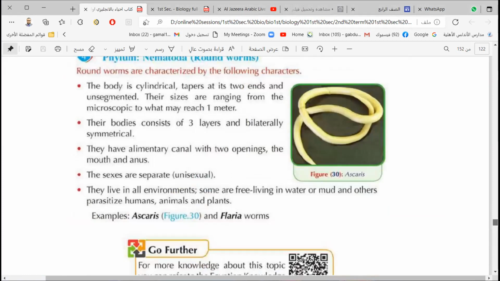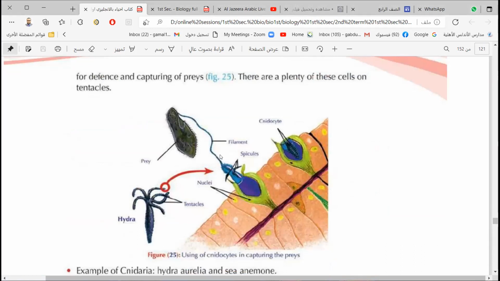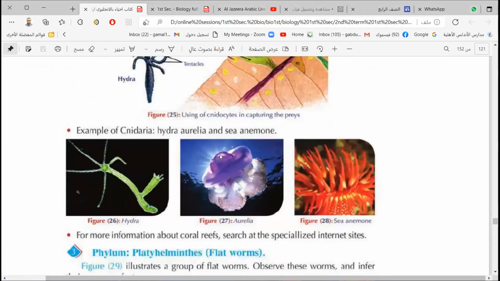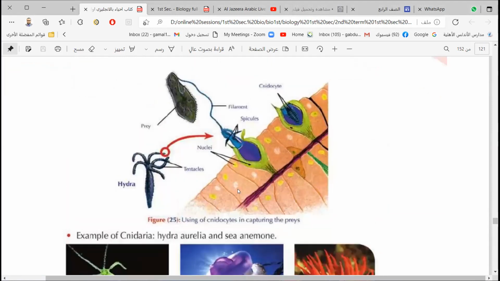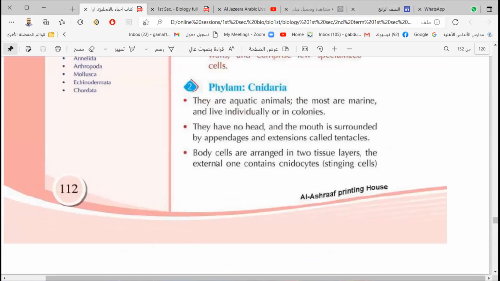Here we have a cnidaria. We have here, like this, cnidaria, like jellyfish, hydra, and sea anemone. They have stinging cells.